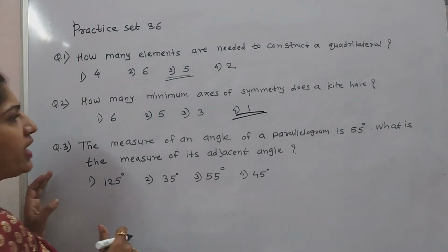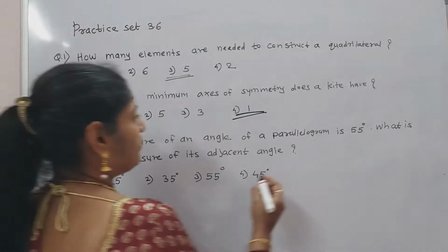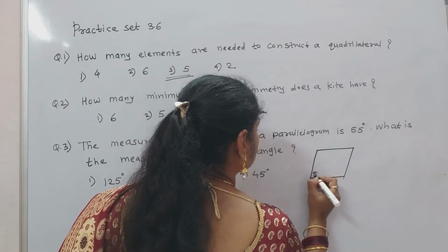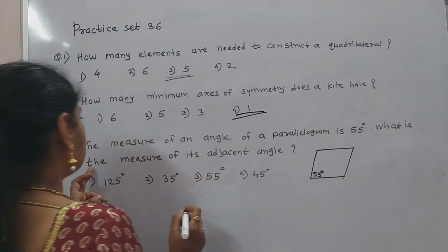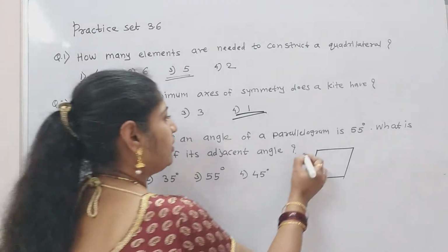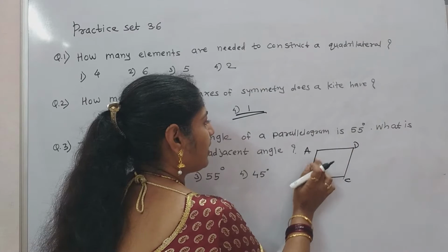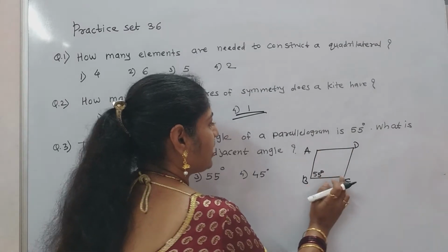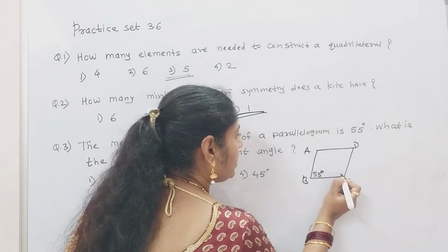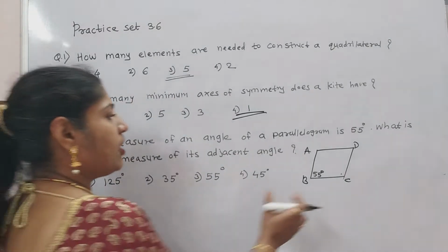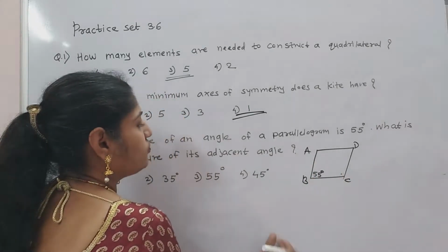The measure of an angle of a parallelogram is 55. What is the measure of its adjacent angle? Suppose ABCD is a parallelogram. In a parallelogram, adjacent angles are supplementary. The sum of these two angles is 180.